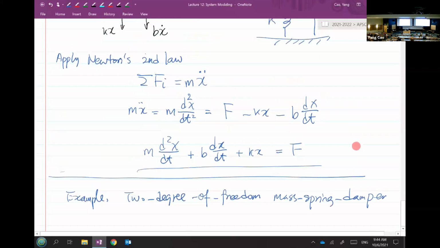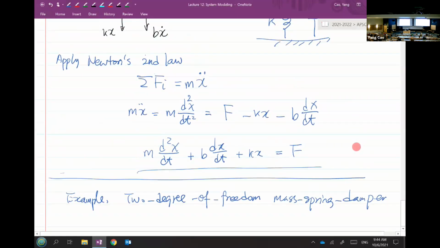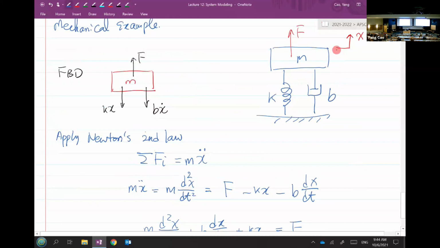Maybe get back to this example here. In this example, you can see the mass can only move in this one direction. So this is called 1 degree of freedom, we write DOF, 1 degree of freedom.